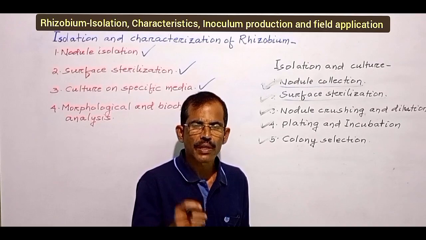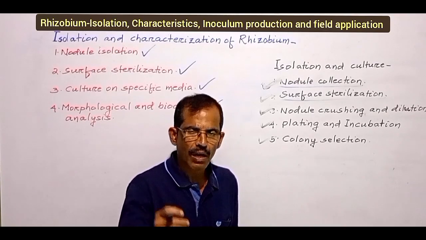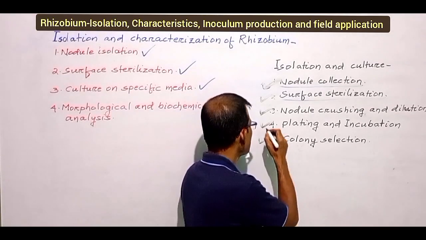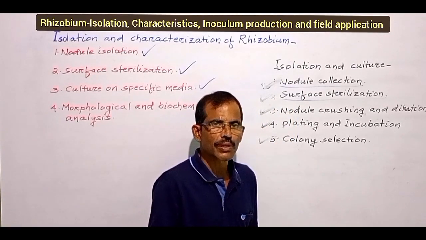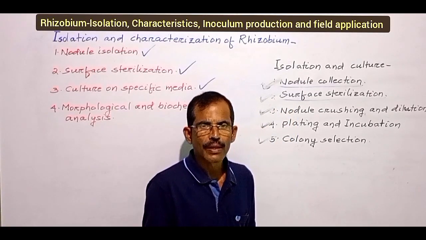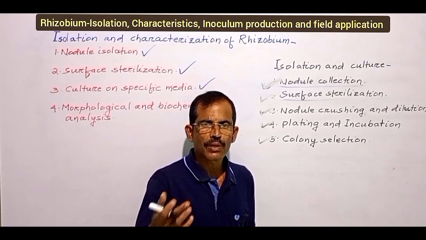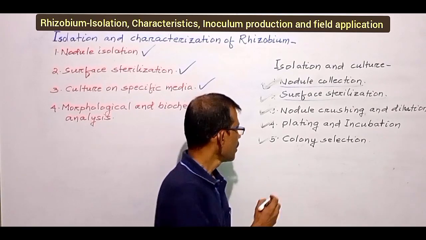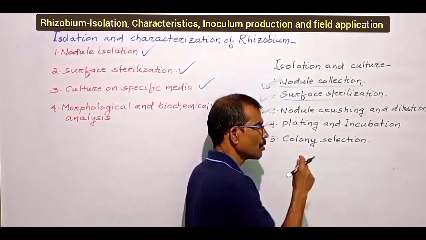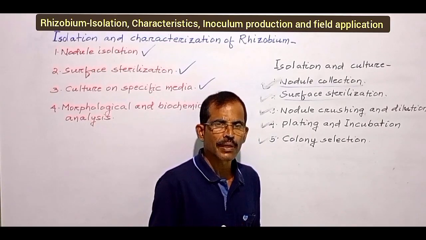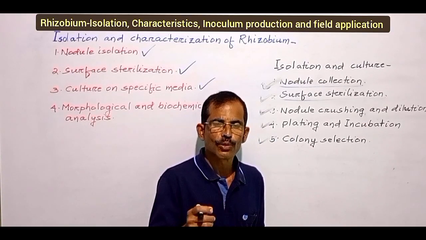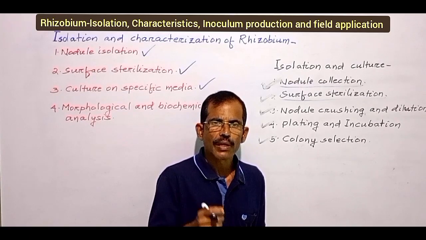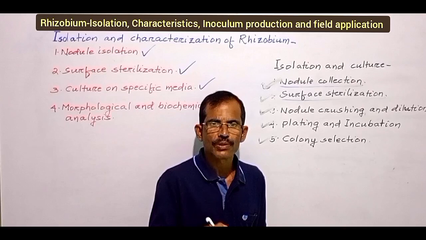The surface sterilized root nodules are then crushed in distilled water and the resulting suspension is then diluted. The diluted suspension containing Rhizobia is then plated on a nutrient medium containing yeast extract mannitol agar and then incubated at 28 to 30 degrees centigrade for 3 to 4 days.